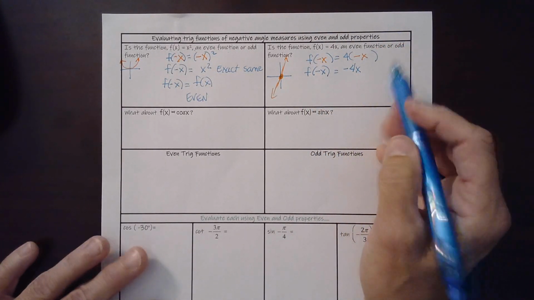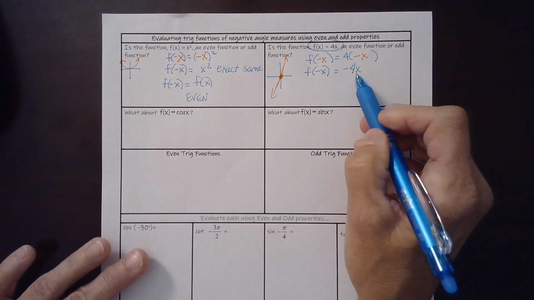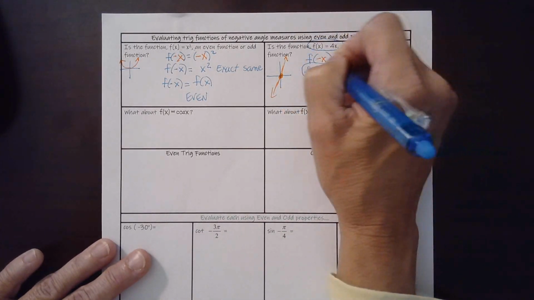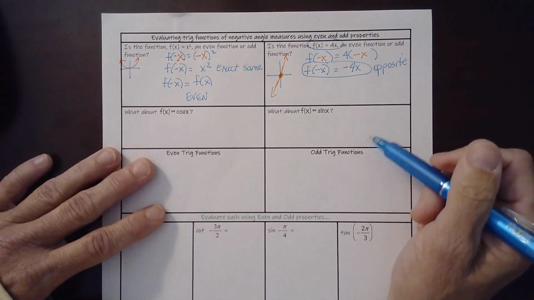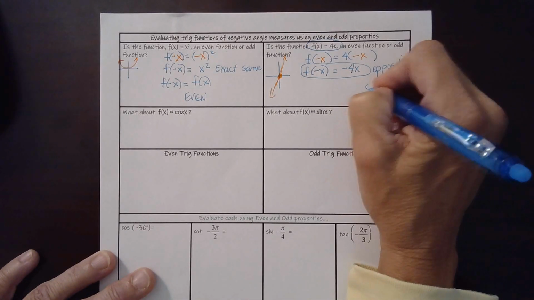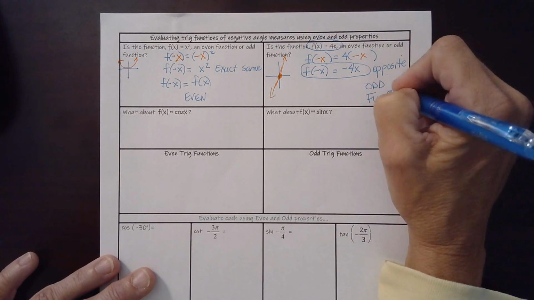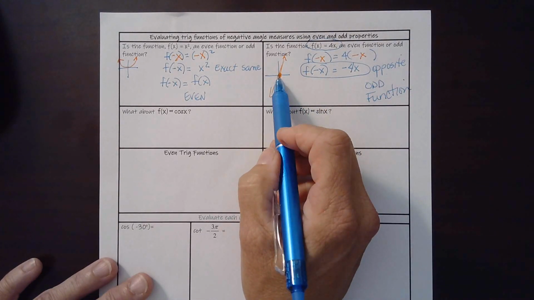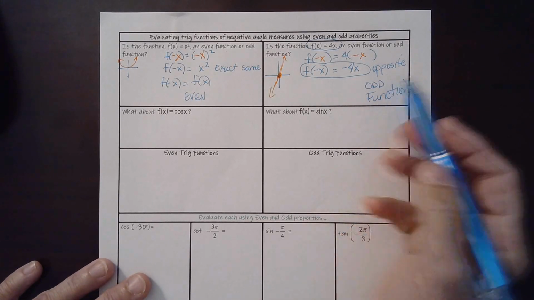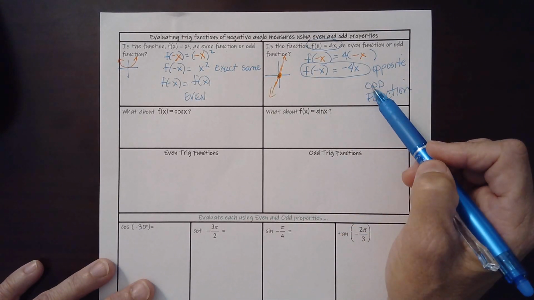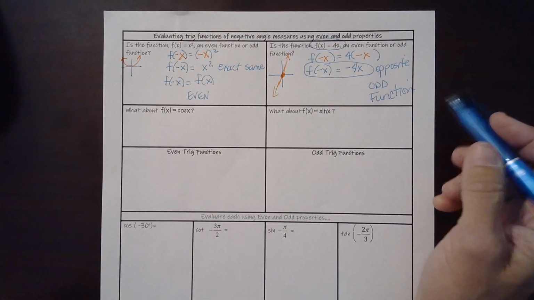If you compare negative 4x with what f of x was, you'll see these are exact opposites, and because they are exact opposites, we know this is an odd function. If you recall, odd functions have symmetry with respect to the origin. Odd, opposite, origin. That's how I remember the information about odd functions.